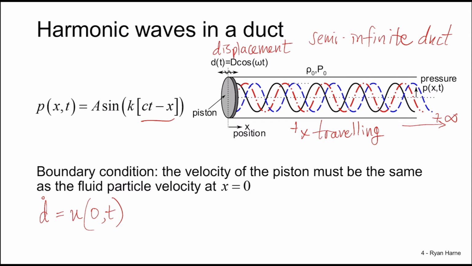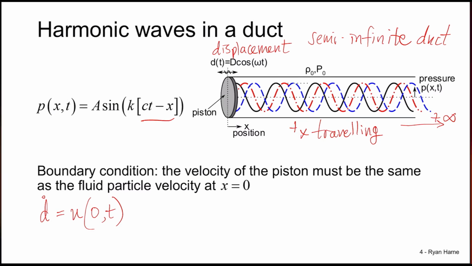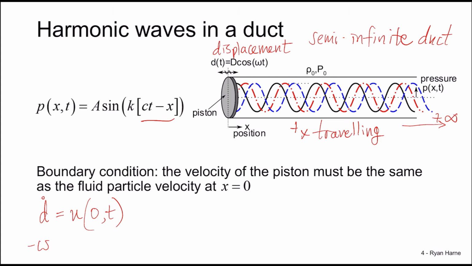So d dot is equal to minus omega capital D sine omega t. This is equal to our particle velocity, u at x of 0 and time t. So to find the particle velocity relationship, we need to recall Euler's equation.